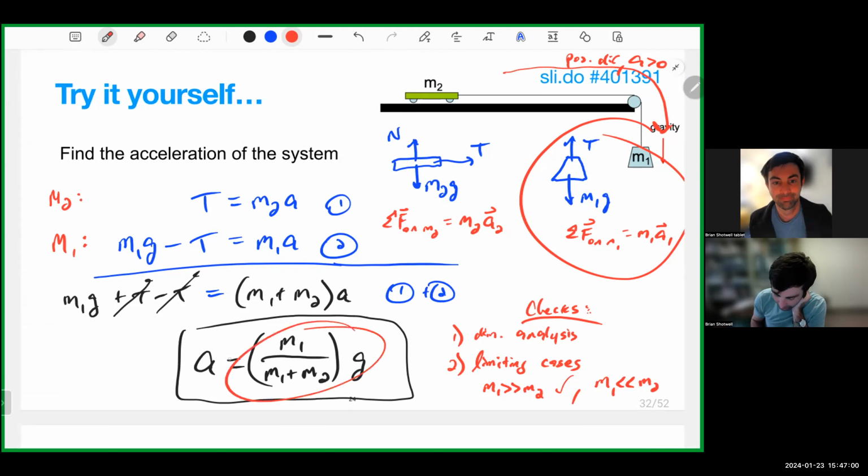If you look at this, M1 plus M2 is basically just M2. M1 divided by M2 is a very small fraction, something much closer to 0 than to 1. So acceleration would be very small in that case. Looks like that checks out as well. Okay, we'll be doing more practice, obviously.